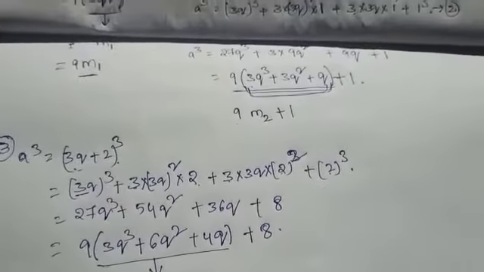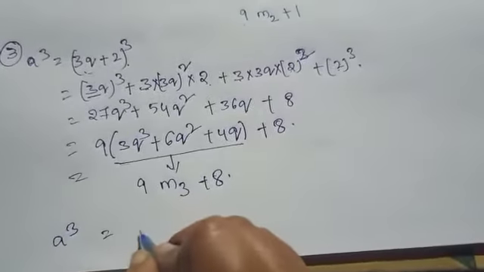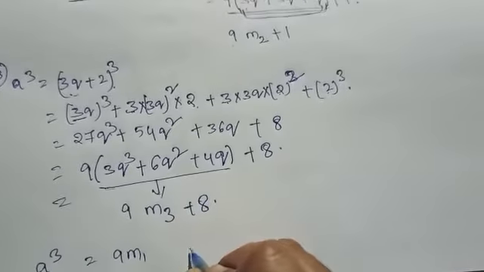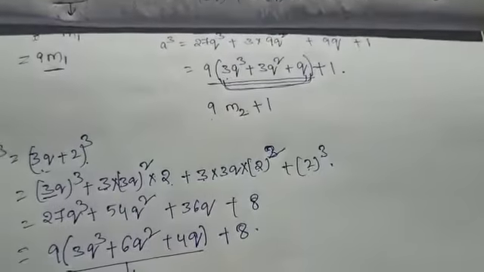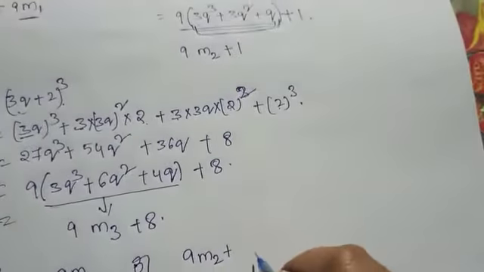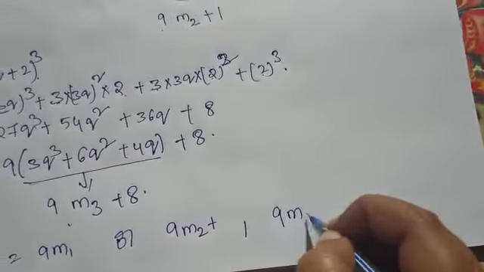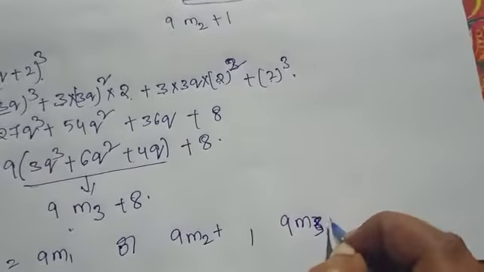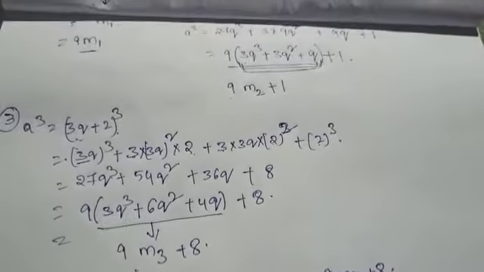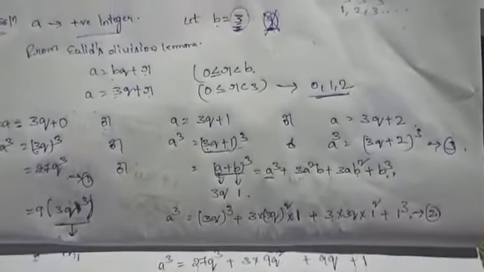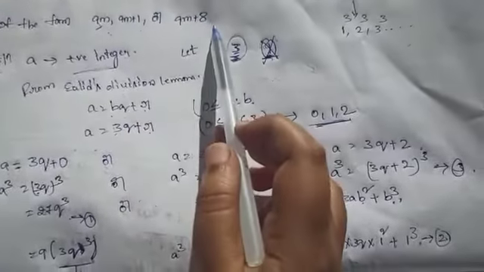See these equations. Equation 1: a cube equals 9m1. Equation 2: a cube equals 9m2 plus 1. Equation 3: we get 9m3 plus 8. So see these equations: 9m plus 1, 9m plus 8.